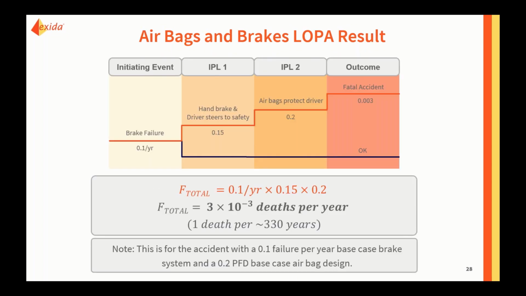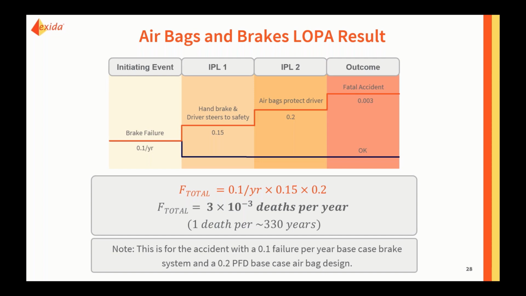So plugging in the numbers, we have our accident frequency equal to our 1 in 10 year brake failure times the 15% of the time that the driver cannot bring the car to a safe stop, times the 20% of the time in which the airbags fail to protect the driver, leading to a fatal accident frequency of 0.003 per year, or in normal human units, 1 death every 330 years.